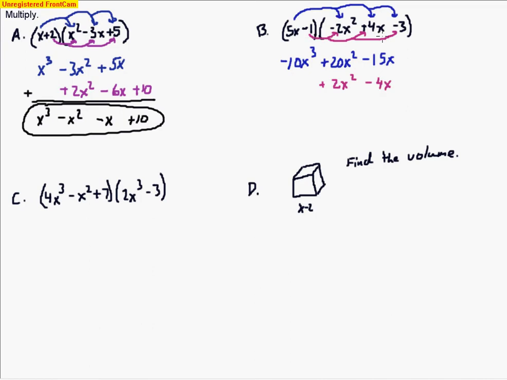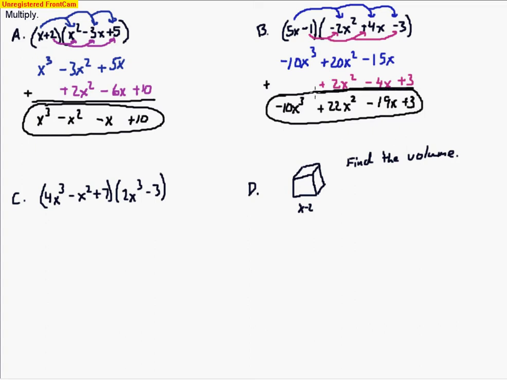Negative 1 times negative 3 makes a positive 3. Well, from that point, we're ready to add those numbers up. So when I add this together, I'm left with a negative 10x to the third, a positive 22x squared, a negative 19x, and a positive 3. So there is our answer.